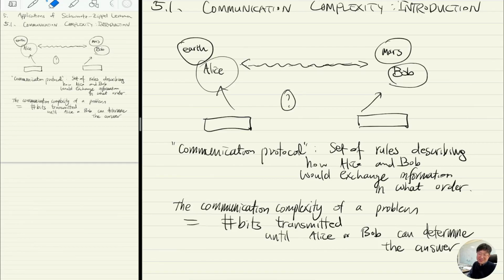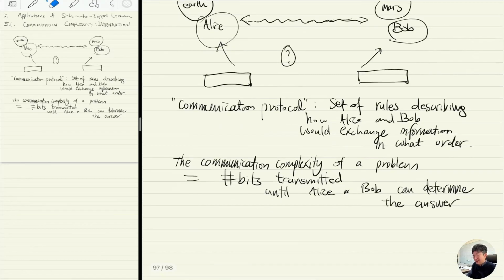So it's just an extra bit, and we don't need that for better analysis. We only require one of them to know the answer. And this concept was introduced by Yao in 1979.